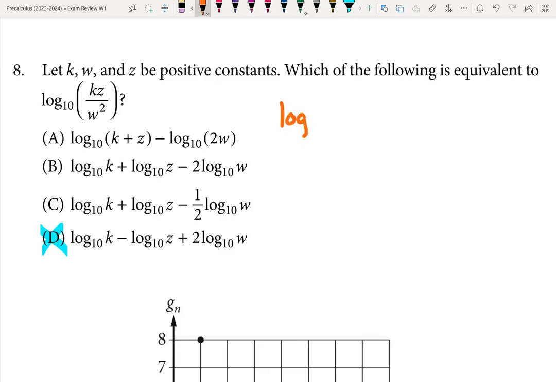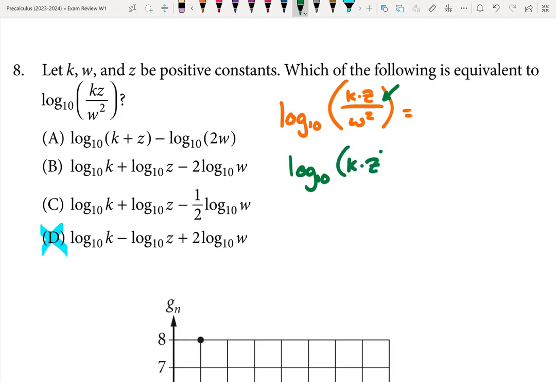So we have log base 10 of k times z over w squared. I would, on this one, start with the division because that's in between the two kind of terms there. So that's going to be log base 10 of k times z minus log base 10 of w squared. Then, like we said, a multiplication becomes addition, and the power goes in front of the log.